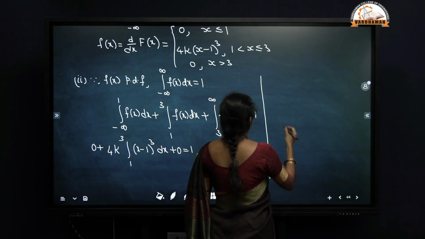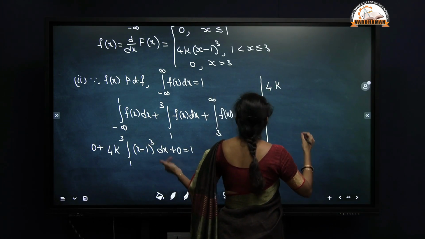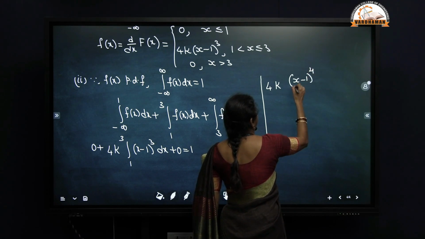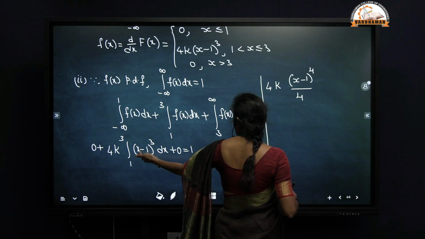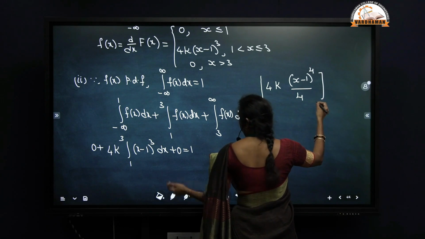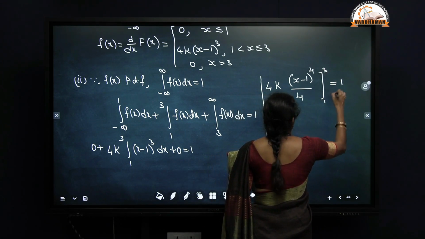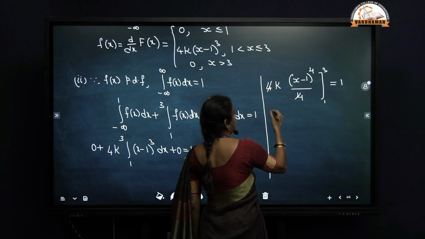Now, I will simplify here. Integrating, we have 4k, and the integral of (x - 1)^3 is (x - 1)^4 / 4, and the derivative of x is 1, so between limits 1 to 3 it equals 1. Now, simplifying this, substitute the upper limit and lower limit.